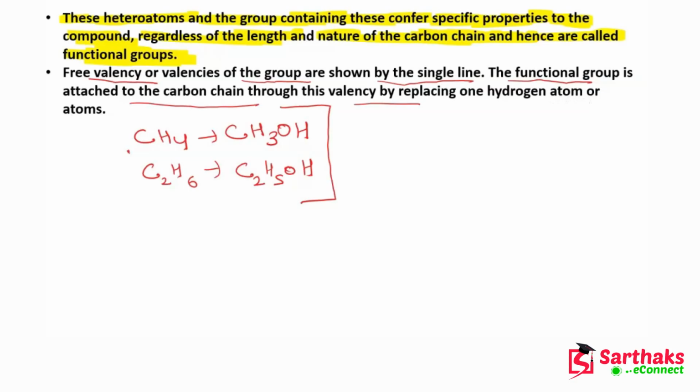I have already given you the example of how these functional groups replace hydrogen and get attached in the place of hydrogen. I hope guys this point related to the functional group is clear to you. Now let's move on to the next slide and talk about the other important point.